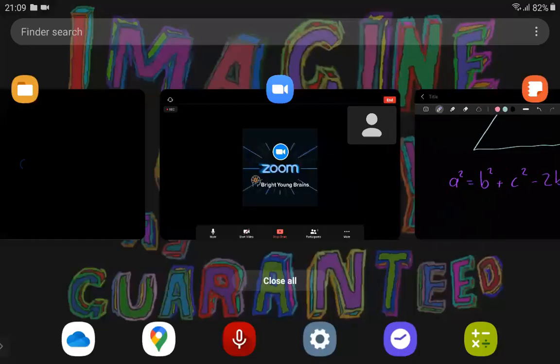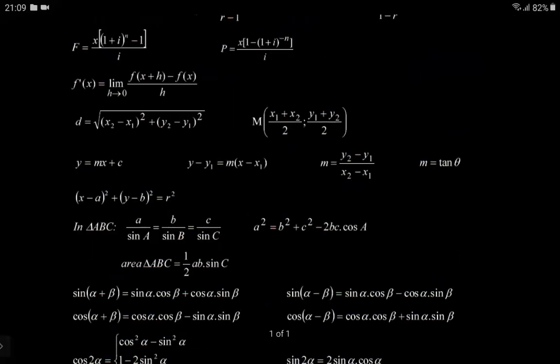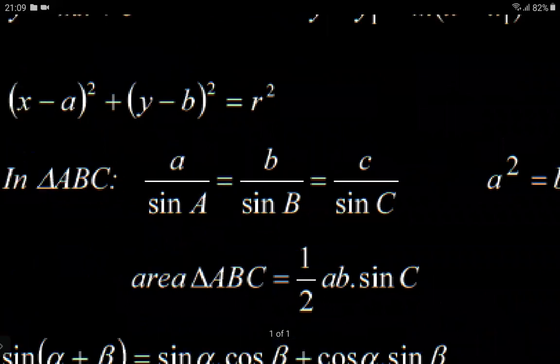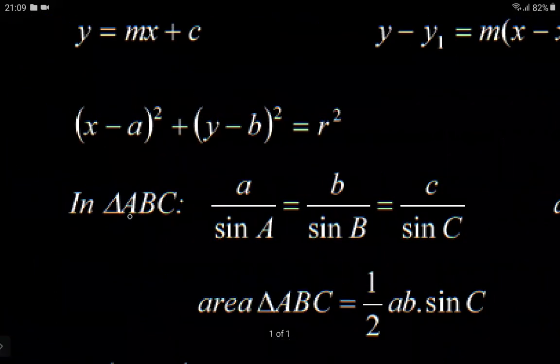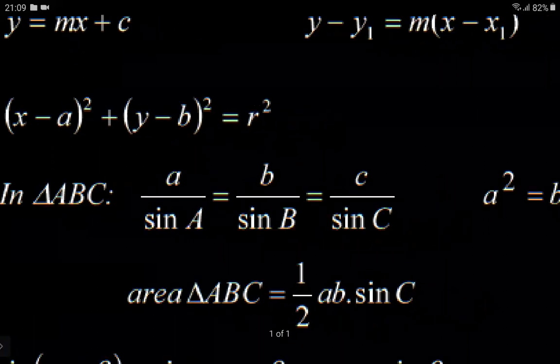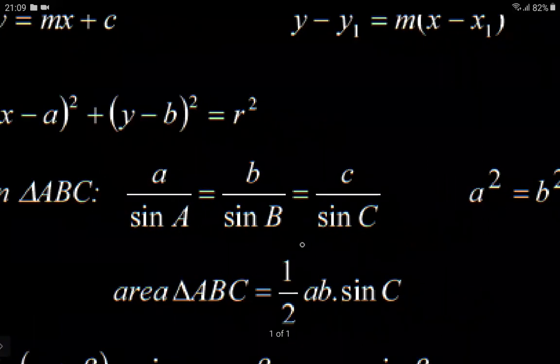Before I carry on, let me open up the formula sheet here. What we have already spoken about is the sine rule. This is saying in a triangle that has angles A, B, and C, you have a formula here that can help you work out different sides or different angles, 2 of these at a time.